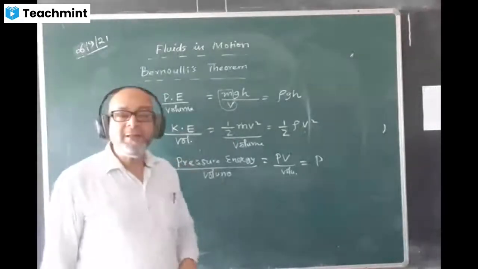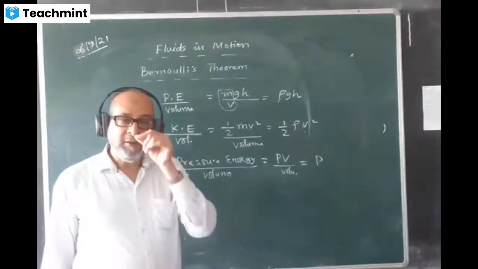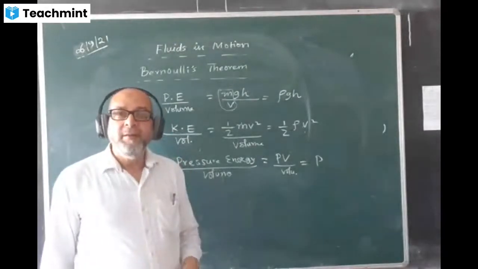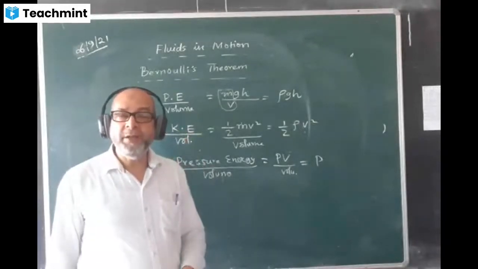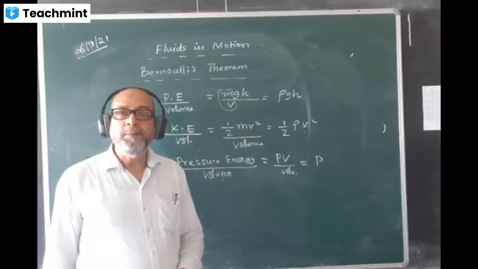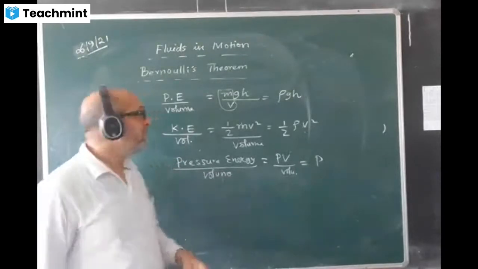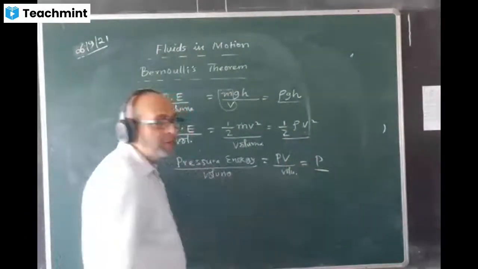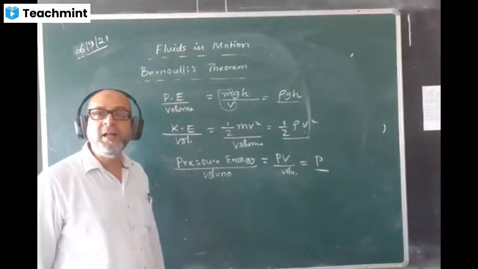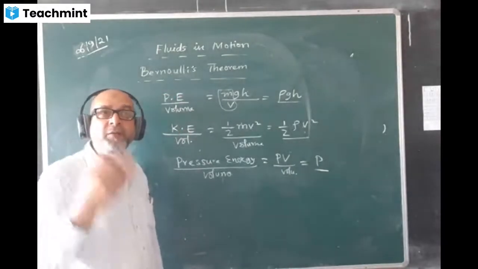Bernoulli said the total energy of a non-compressible liquid per unit volume remains constant. He said that. That means this value plus this value plus this value per unit volume is constant, for what kind of fluid?